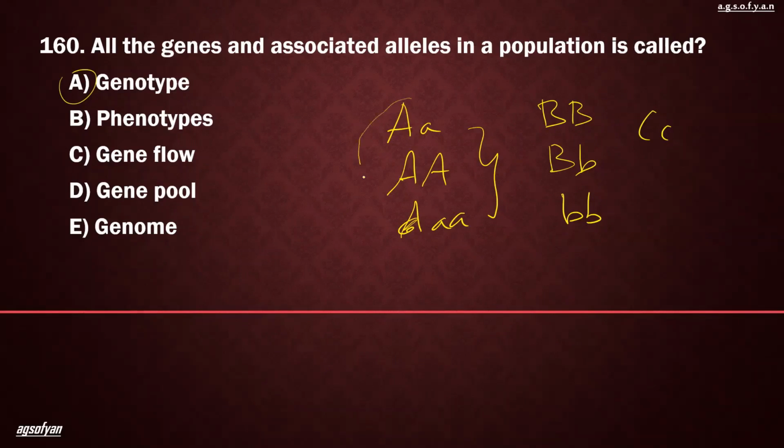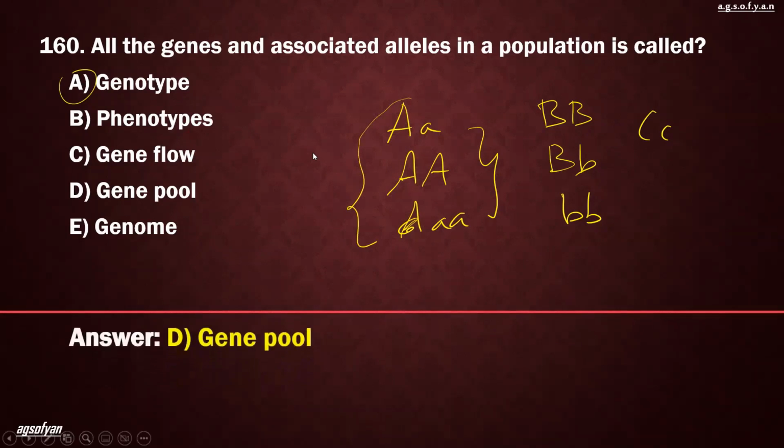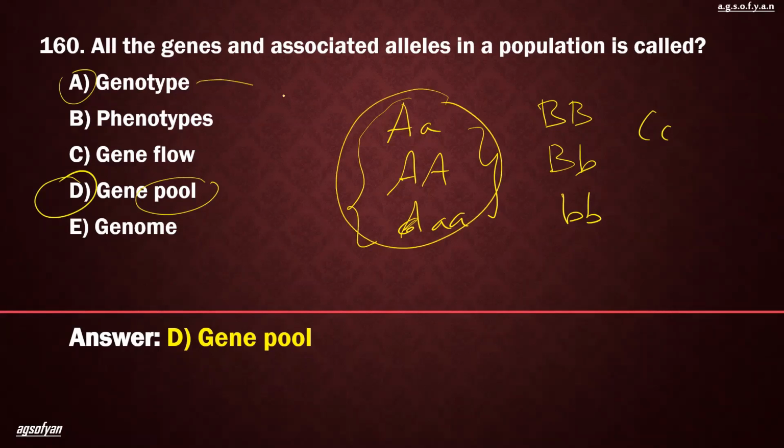Only one is called the genotype, but all of them together is called the gene pool. So all the genes present in a population is called the gene pool. Just one over here is called the genotype. So all genotypes combined together is known as the gene pool.